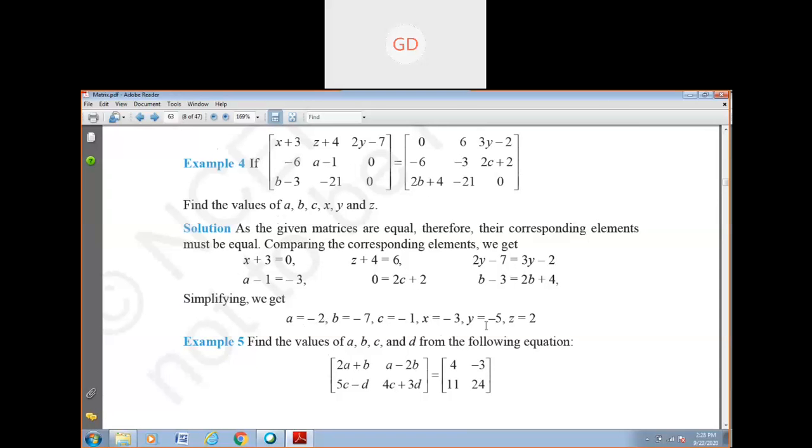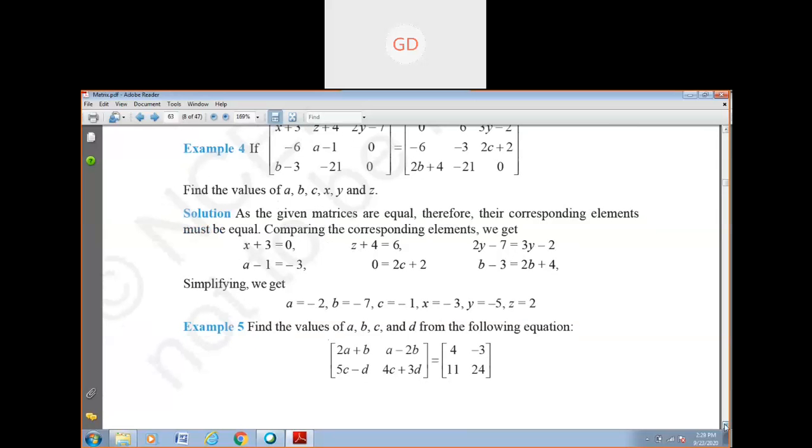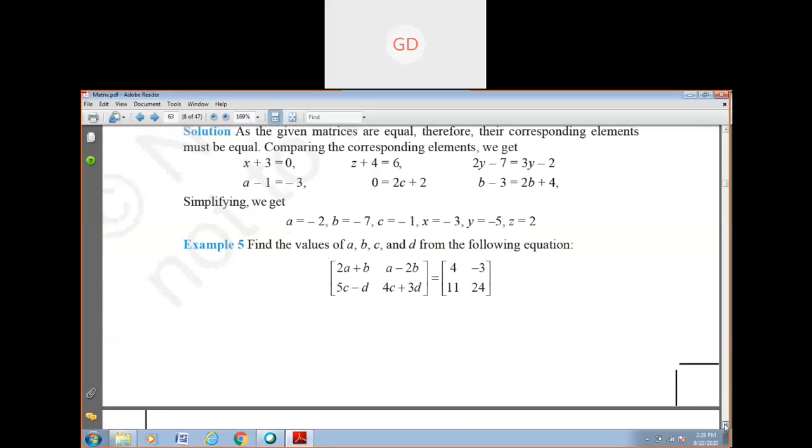It's a very simple and basic numerical example. When two matrices are equal, that means given, then we can find the variables concerned with the elements. Very simple example using the concept of equality of matrices.